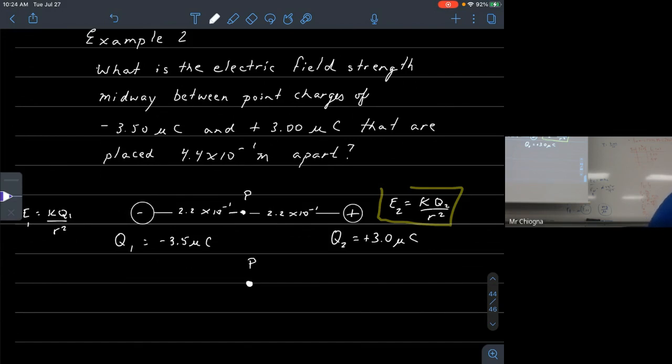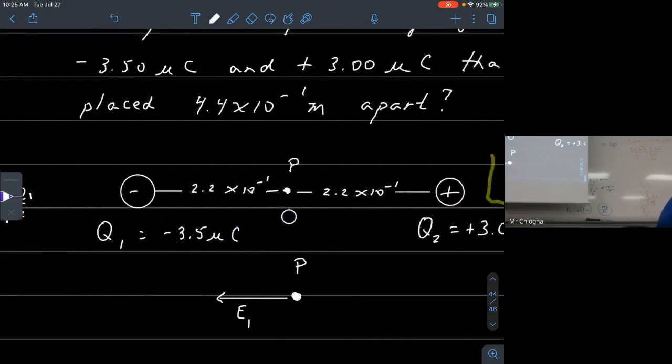What's the electric field at point P due to 1? I'll just call it E1, the electric field due to source 1. How did I know it's to the left? Because if you placed a small positive test charge there at point P, it would feel attracted to charge 1.